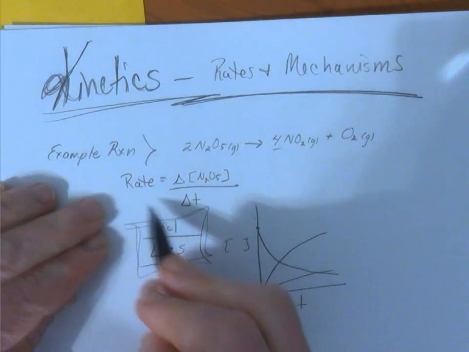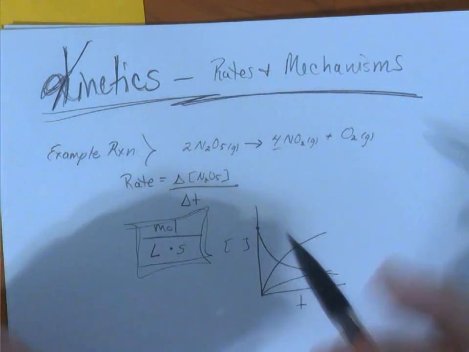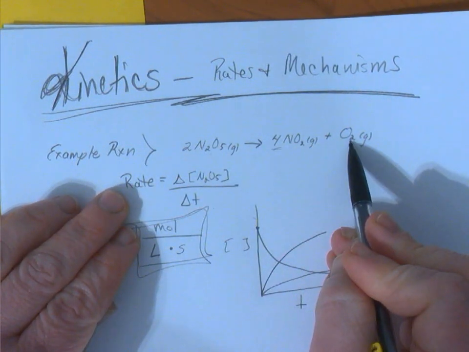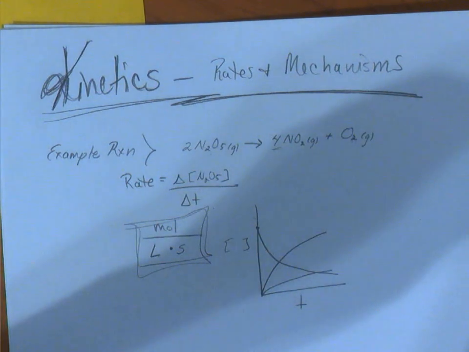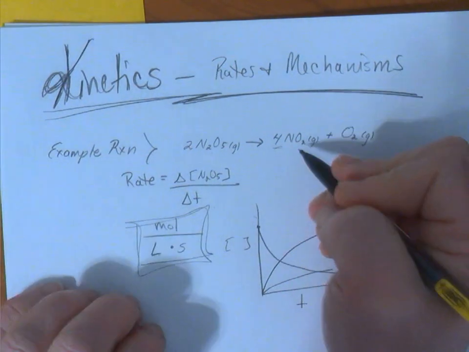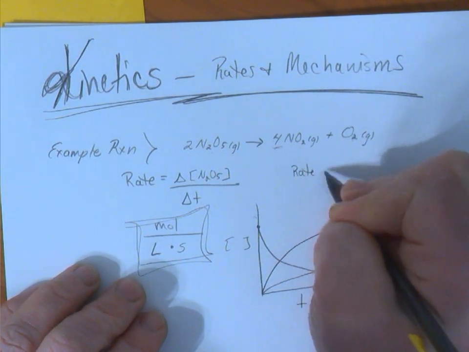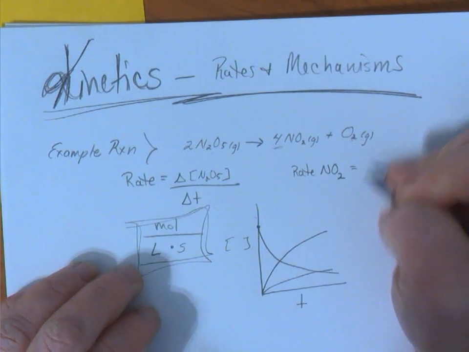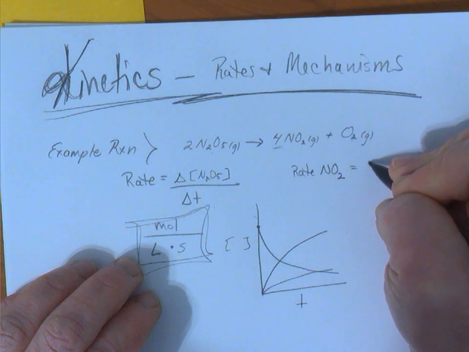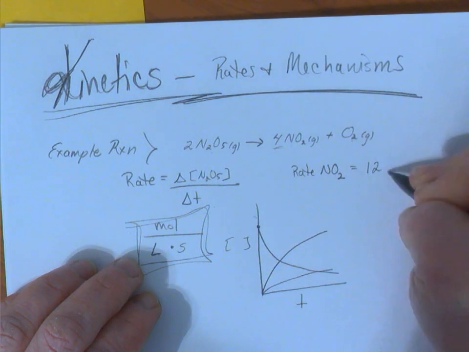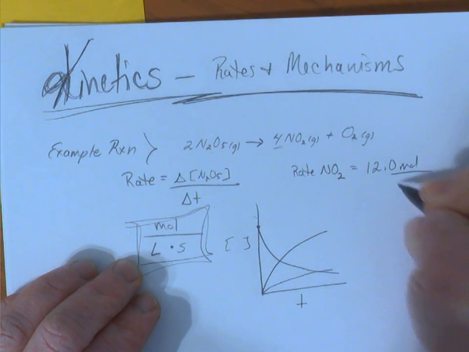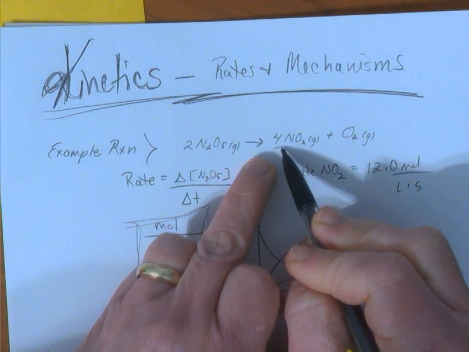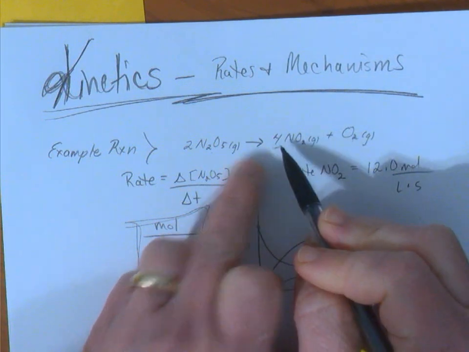Now, if we would know or have determined the value of rate in terms of one of our species, and you know your balanced equation. So let's say that we know the rate according to NO2, and let's say that the rate is, let's say 12 mole per liter second. Well, if you know the value in terms of 1, you can look at your balanced equation.